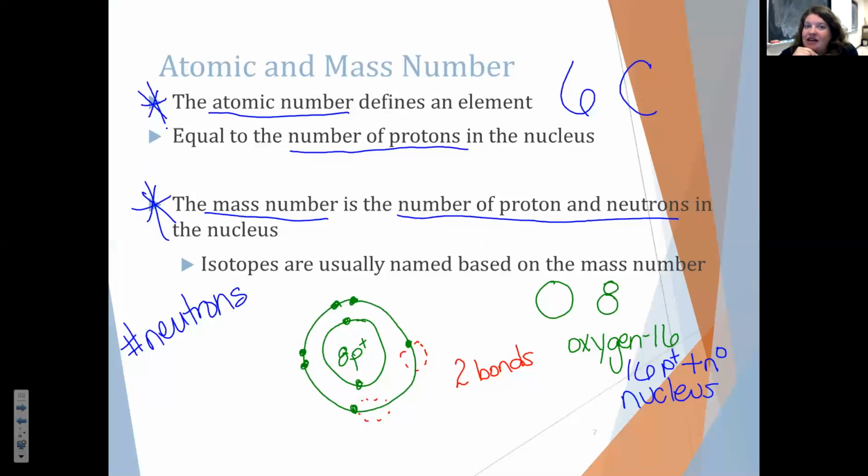But we already know how many of those are protons. The atomic number of oxygen is 8. That tells us there's 8 protons in the nucleus. 16 minus 8 tells us there's also 8 neutrons. 8 and 8 are 16. That gives us our mass number. And so our isotopes, just the way I've written it here, are named based on the mass number. Now for oxygen, that's not very interesting.